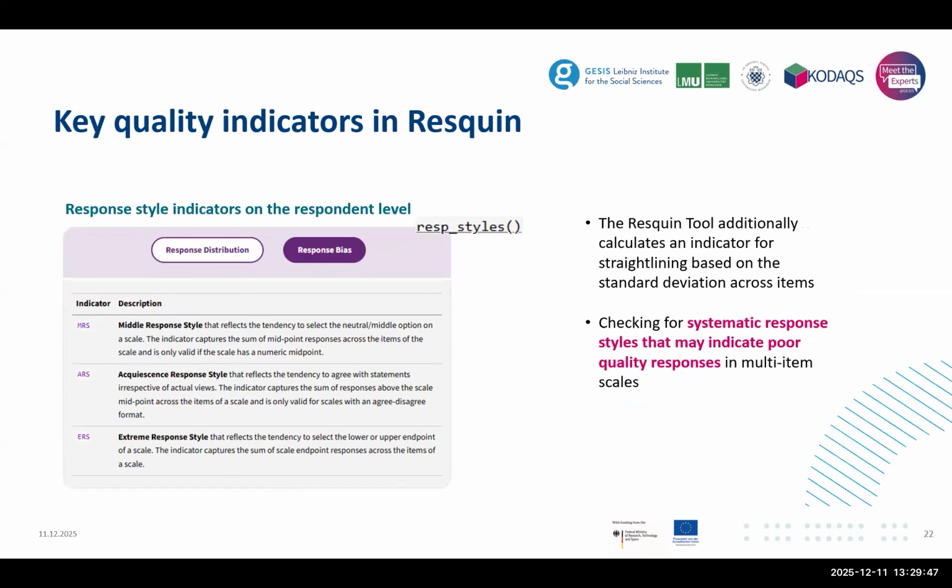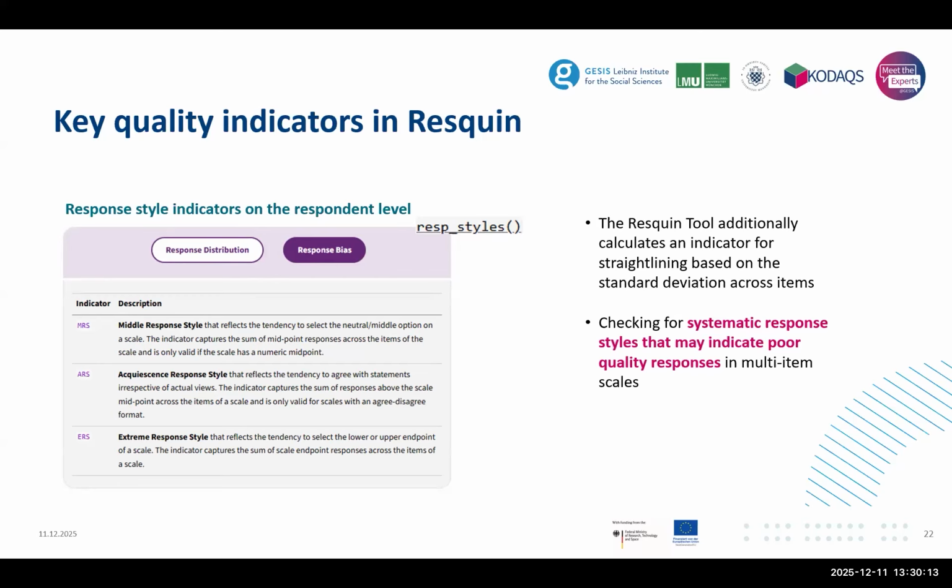The second category then focuses on the response style indicators that I also discussed before. Again, on the respondent level, when we talk about the package or the functions, you can get them with the resp_styles function. And the Resquin tool covers three of them, which, as explained before, are the middle response style, the acquiescence response style, and the extreme response style.